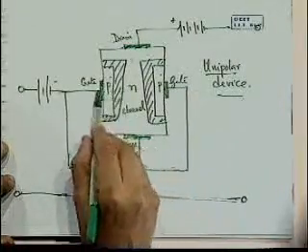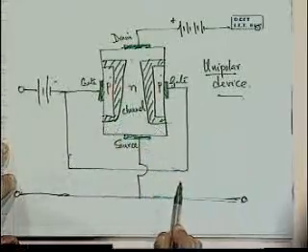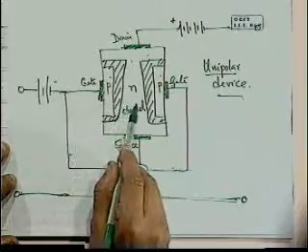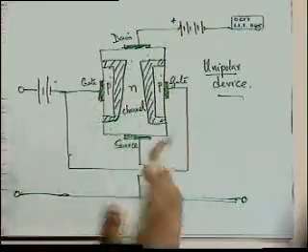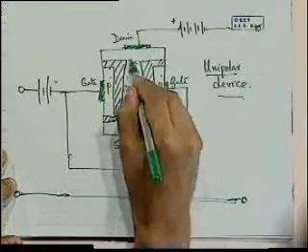Because the PN junction is reverse biased, as I go on increasing the voltage, the depletion layer gets larger and larger. We just saw in the last lecture that the depletion layer gets wider in reverse bias till some point is reached where the channel gets completely shut off.